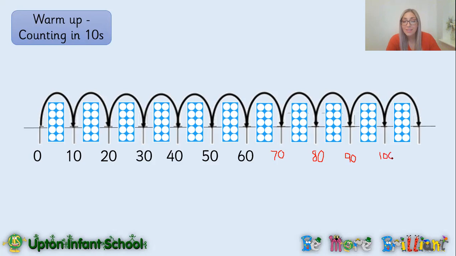And then this one is quite tricky, but we're just adding on another 10. So this time it's 110. Okay, well done everybody. See if you've got your numbers the right way round, making sure that you have got a 0 on the end, which is our rule when we're counting in tens.